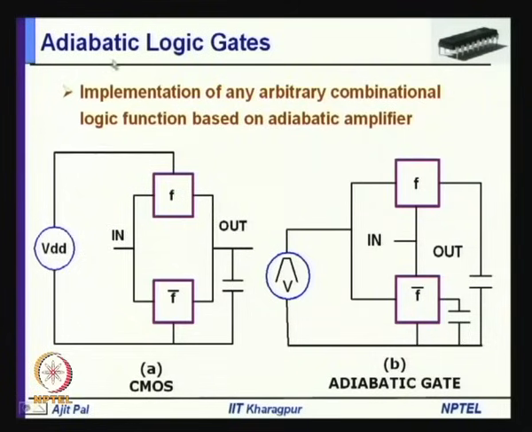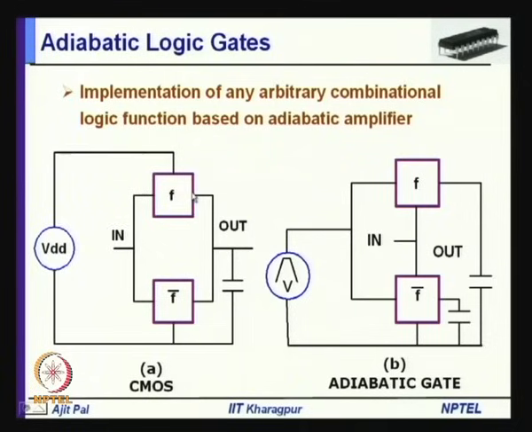Now, how do you really realize adiabatic logic gates by using this type of circuits? We have a supply voltage VDD, and this is the traditional CMOS circuit.